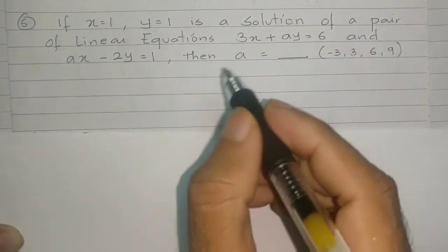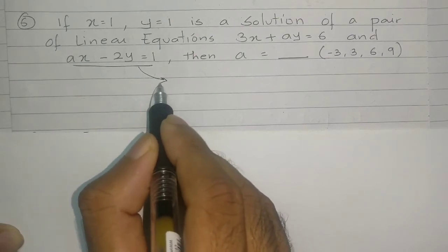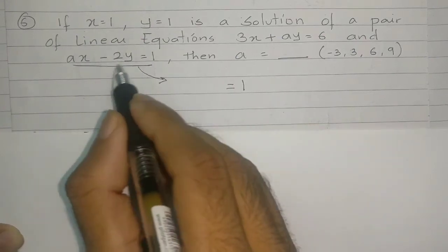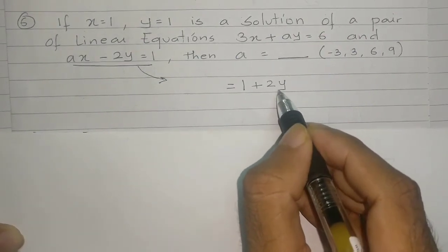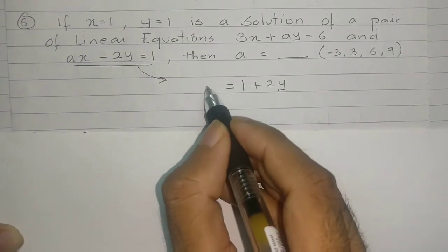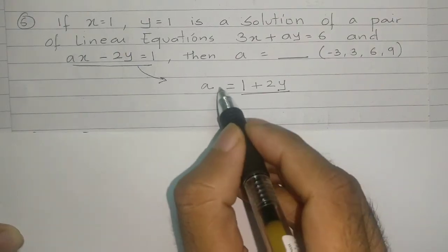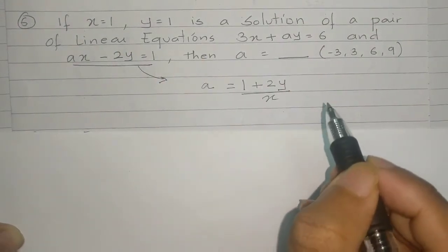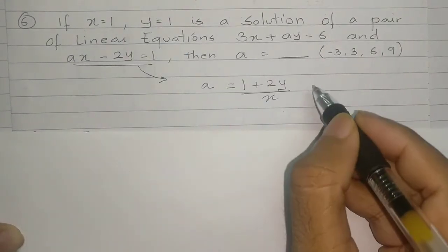So I'll write this equation as a is equal to 1 plus 2y, since minus 2y goes on the other side and becomes plus 2y. A will remain as it is, upon x, since a is multiplied by x, so x goes in the denominator. Now my value of x is 1 and value of y is 1.